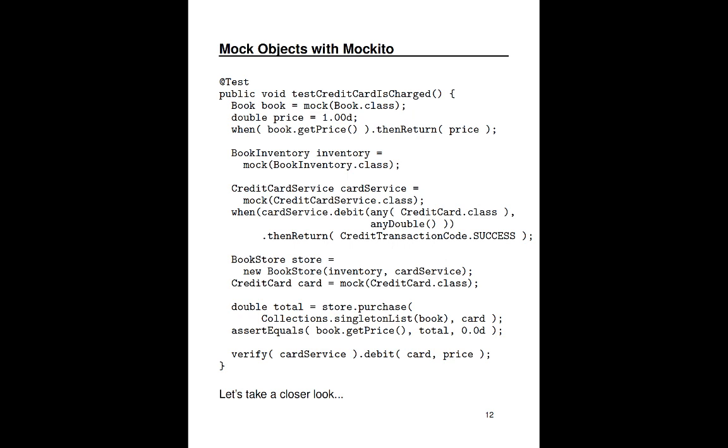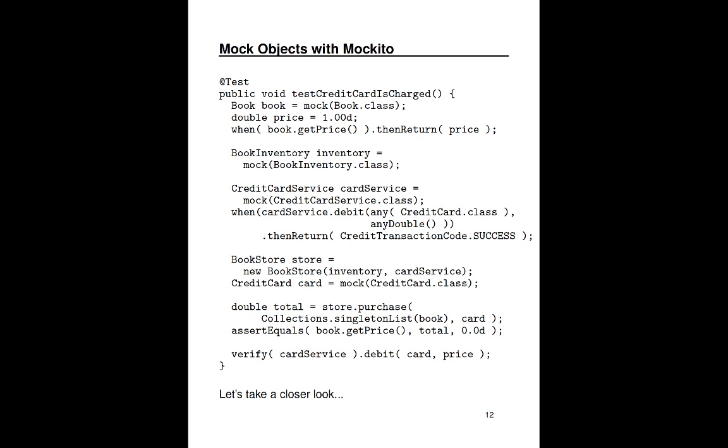Mockito provides a method called mock, which creates a mock instance of a particular interface or class. So in that first line, we create a mock book. Mockito also contains a method called when that specifies that when the getPrice method is invoked on that particular mock book, then that method should return the price that we specify here in our test.